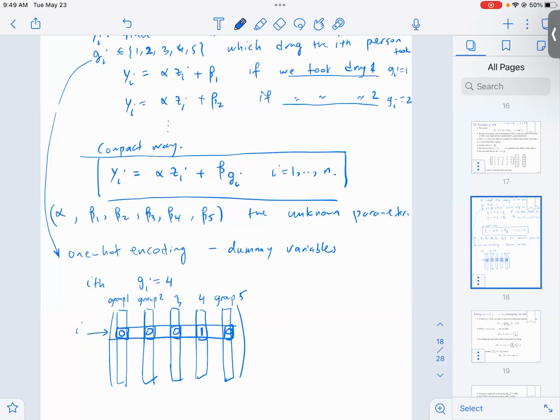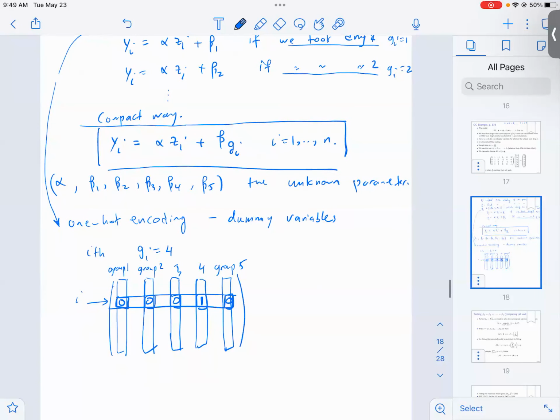It's very inefficient because you have 5 entries. These encode nothing informative, just that the group is 4. But if I want to represent 4, I just put 1 here, 0s everywhere else. So this is GI equal to 4. That's encoding that.